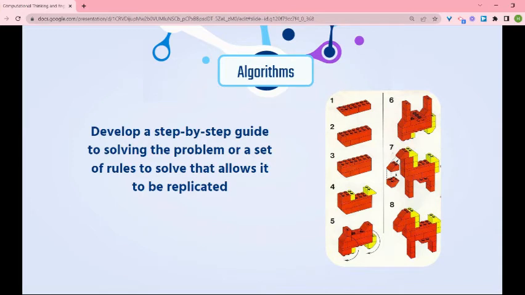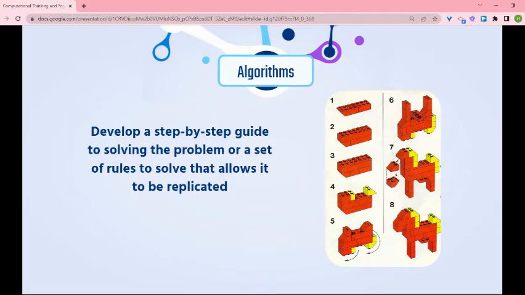Algorithms, which is developing a step-by-step guide to solve problems or a set of rules that allows it to be replicated. We see algorithms all across life, right? This is probably the most common of any of the computational thinking because it affects not just the classroom, it could be your morning routine, that could be an algorithm.